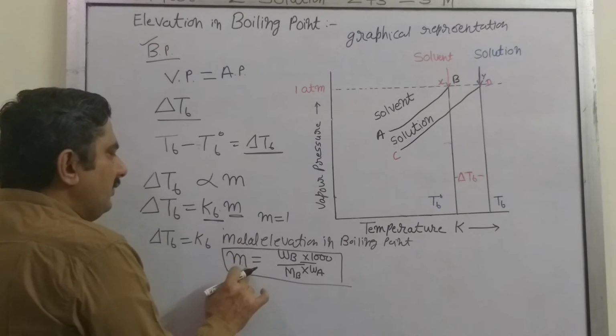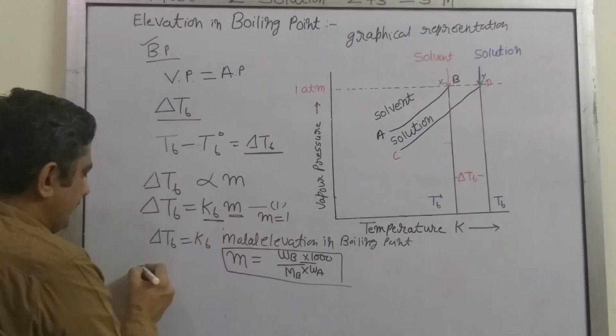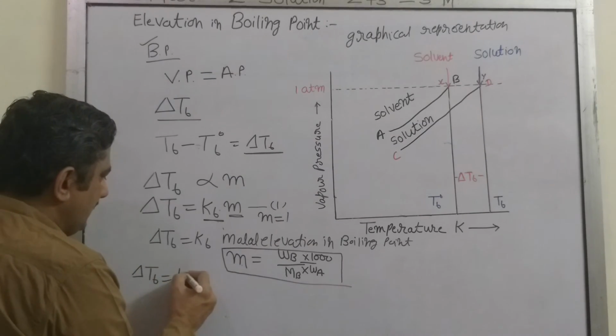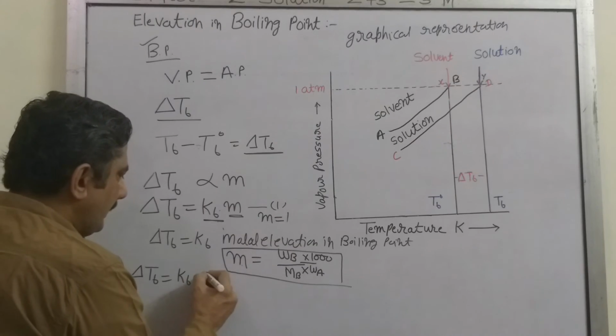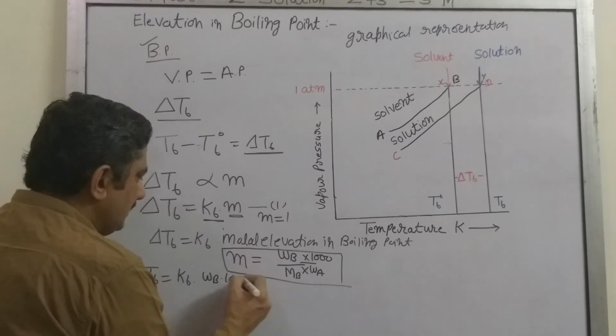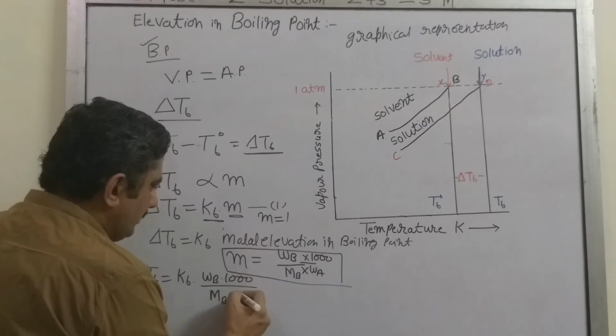On putting the value of m in equation number first, we obtain delta TB is equal to KB into WB into 1000 upon MB into WA.